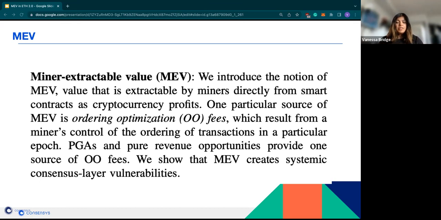You're gonna be having this auction that is public between different participants. So this is what's called the price gas auction. And then that auction results in higher fees and so more rewards for the miners. And this can cause some consensus vulnerabilities, as we'll see.